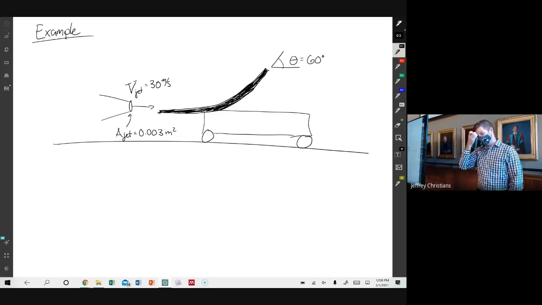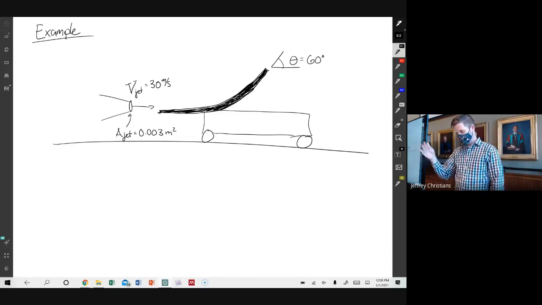And what we're going to be looking at is, what's going to happen? The jet is shooting against the car. It's going to shoot off of that snowplow thing, and the car is going to be pushed, right? It's going to be pushed and accelerate. It's going to be moving.